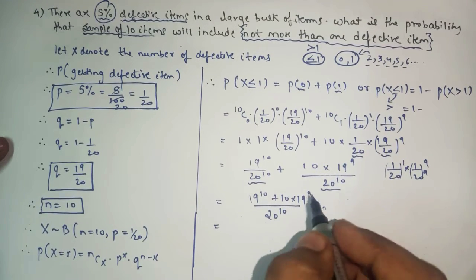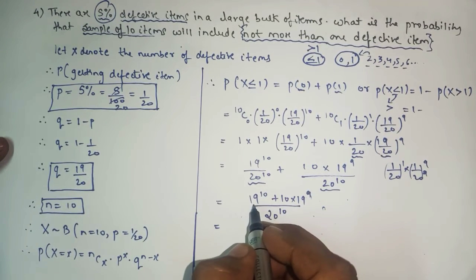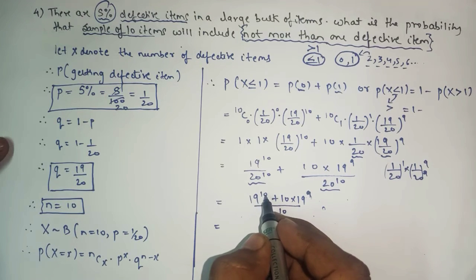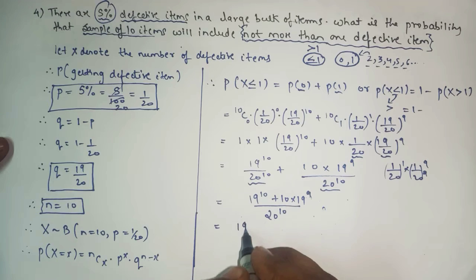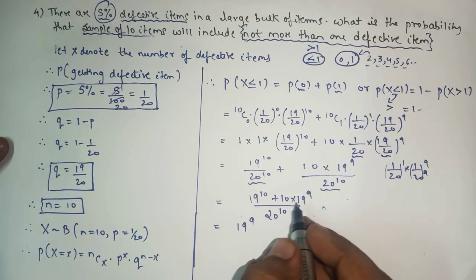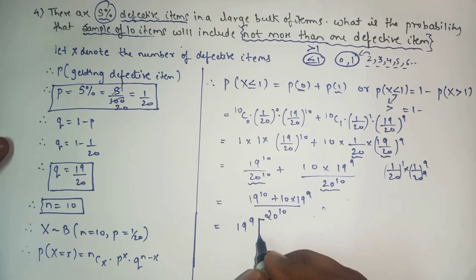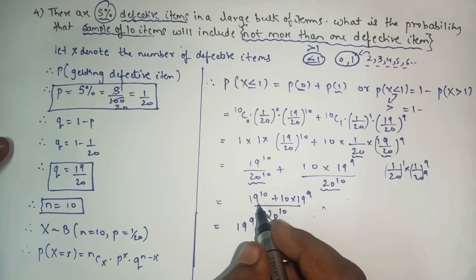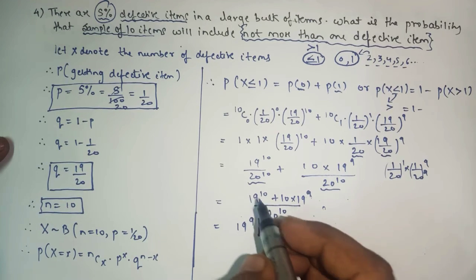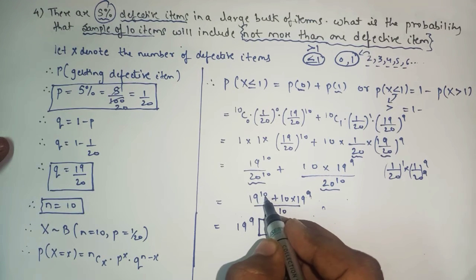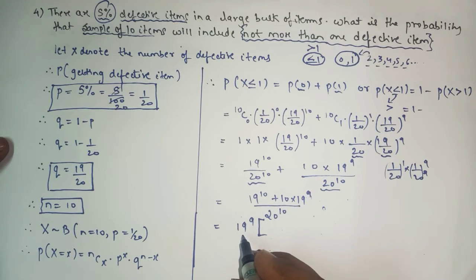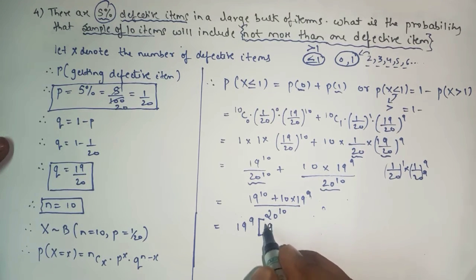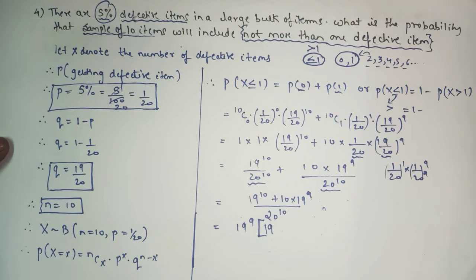In the next step, can I say that here we have 19 raised to 10 and here we have 19 raised to 9, so we can take 19 raised to 9 common. Inside you will get, since 19 raised to 10 is there, 19 raised to 9 is out of the box, so here we are left with 19. Yes or no?